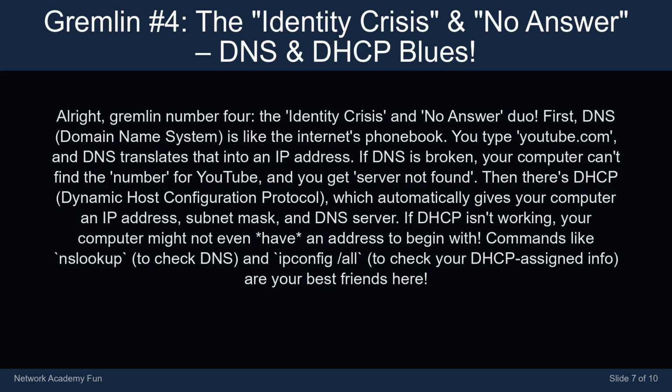Then there's DHCP, Dynamic Host Configuration Protocol, which automatically gives your computer an IP address, subnet mask, and DNS server. If DHCP isn't working, your computer might not even have an address to begin with. Commands like nslookup to check DNS, and ipconfig to check your DHCP assigned info are your best friends here.